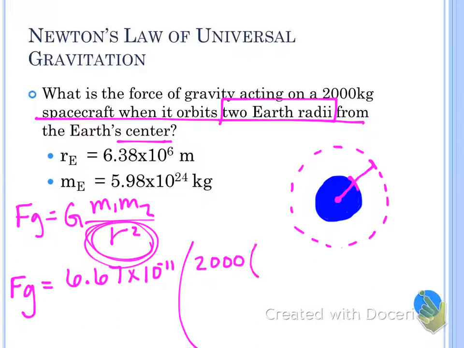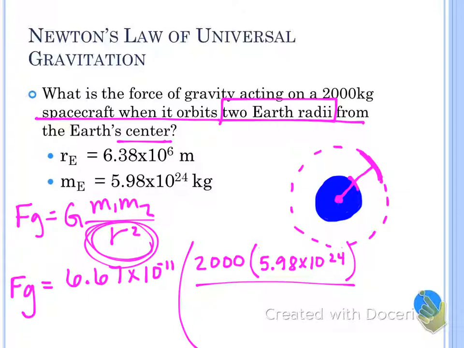For M2, what are we going to use? We're going to use the mass of the Earth for M2, because that's what we're comparing. So the mass of the Earth, which is 5.98 times 10 to the 24th, over the radius. We want the radius from the Earth's center to the object right out here.